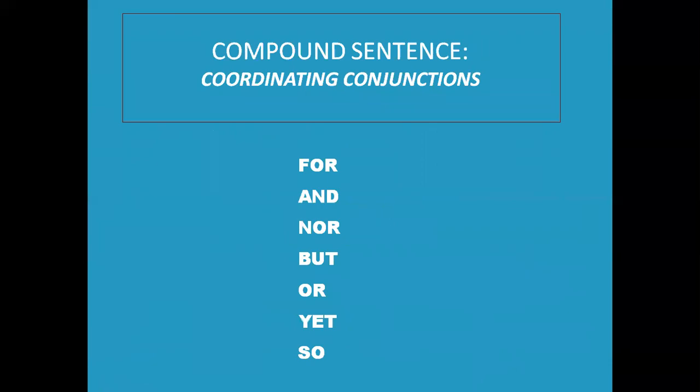That is the second part of the sentence. Well, let's see what the coordinating conjunctions are: for, and, nor, but, or, yet. You can simply remember these words by their capital letters.